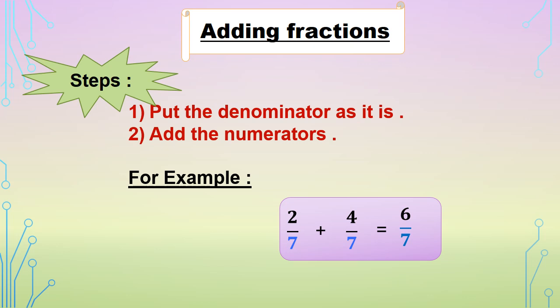The first step, put the denominator as it is in the result. The second step is 2 plus 4, the addition operation. 2 plus 4 equals 6. So you can't add the denominators together.